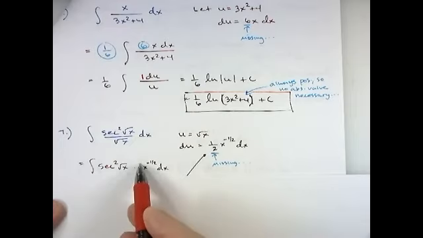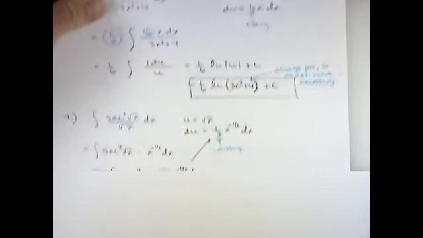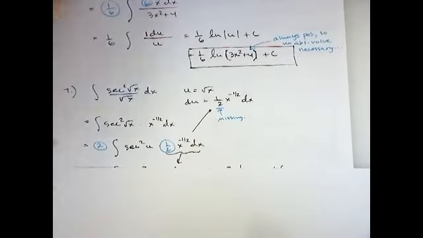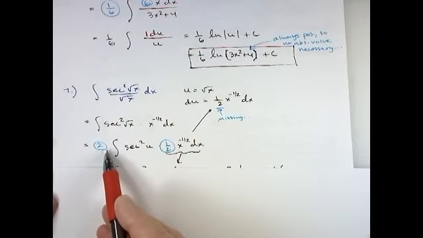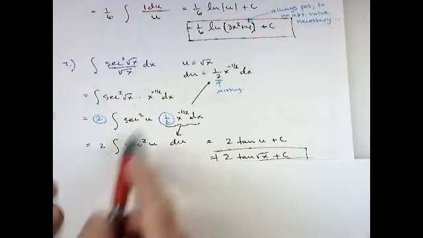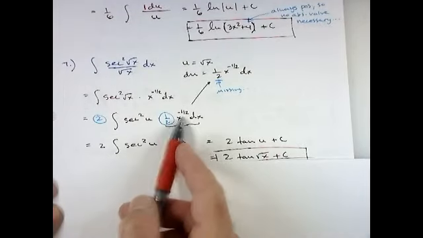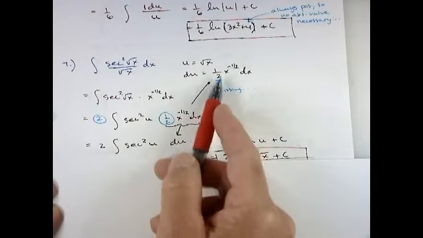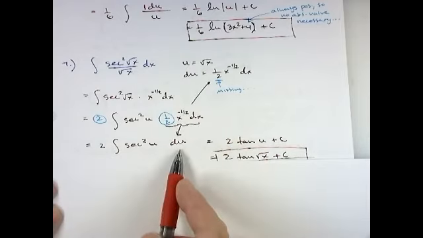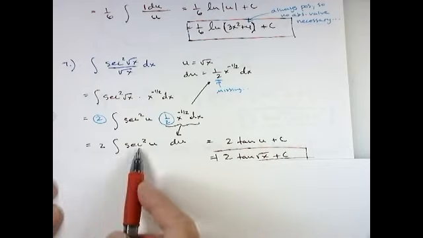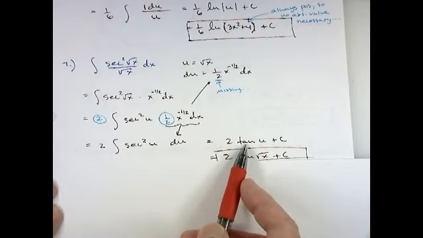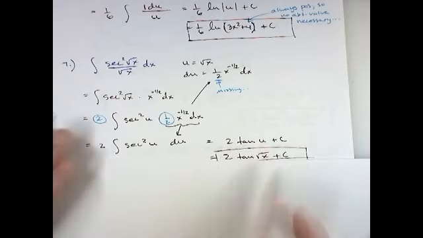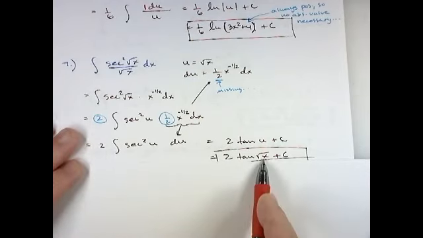To make this a perfect match for du, I'm missing the 1/2. So I'm going to wish for the 1/2 and then compensate with a 2 outside this time. The 2 stays there. The 1/2 x to the negative 1/2 dx gets exchanged for a du. And my antiderivative of 2 secant squared u du is 2 tangent of u plus c. Plug in my u.